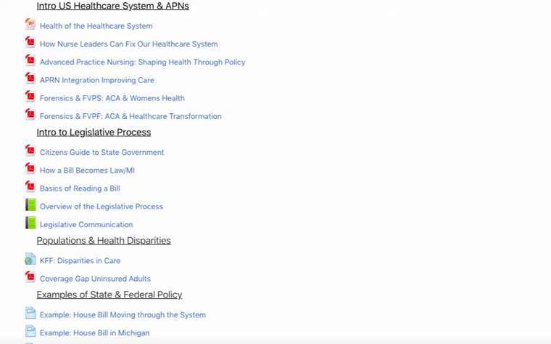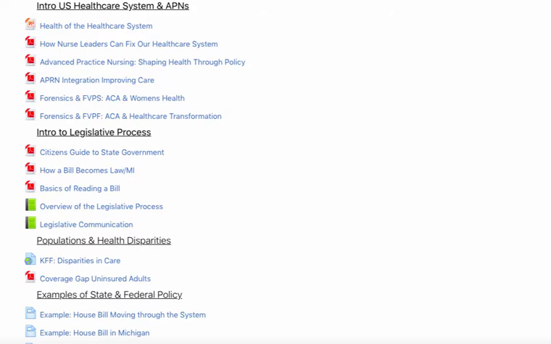The other thing is the coverage gap for uninsured adults. This one's a tad bit older, but it still pertains. Basically, with the ACA, there was a proposed policy change that left the determination at the state level. Medicaid expansion was encouraged federally, but it's up to the state to make that change or implement it.